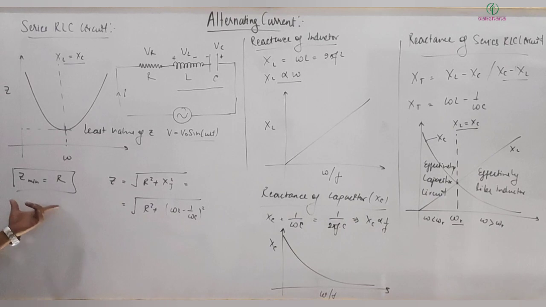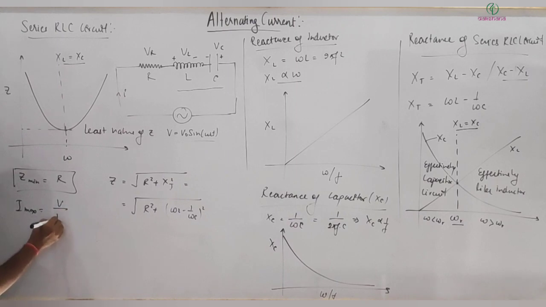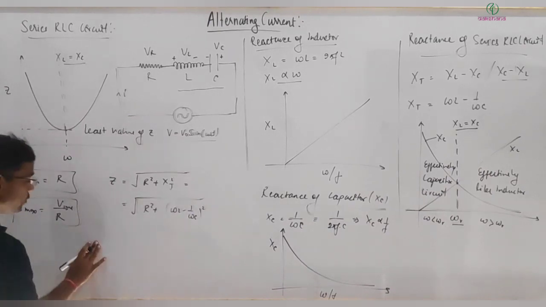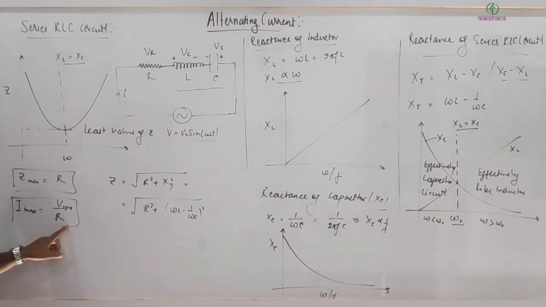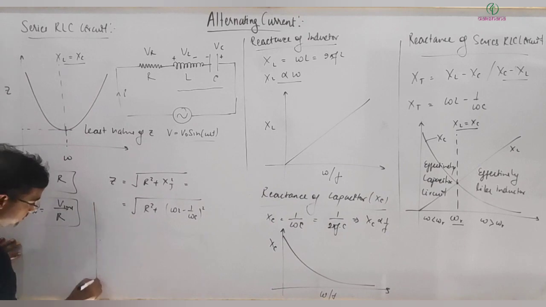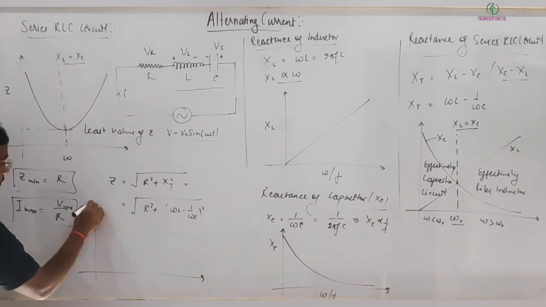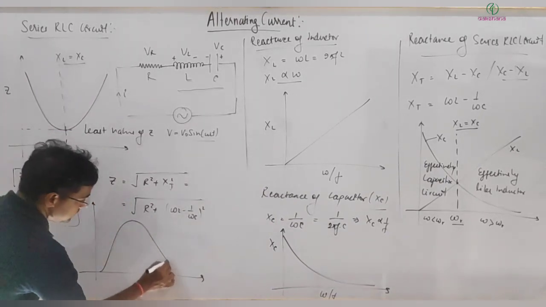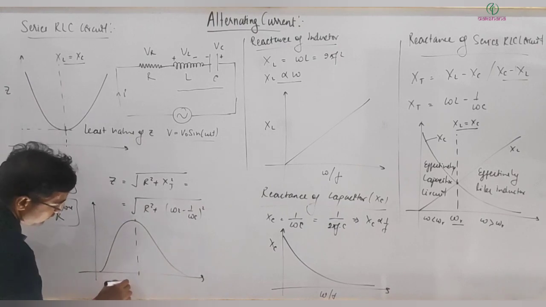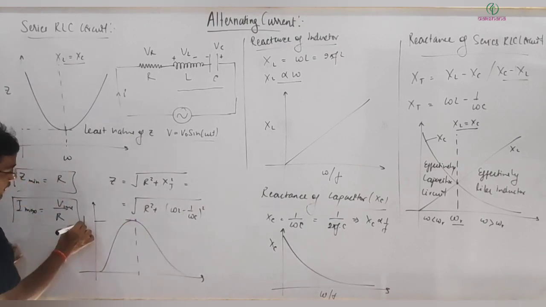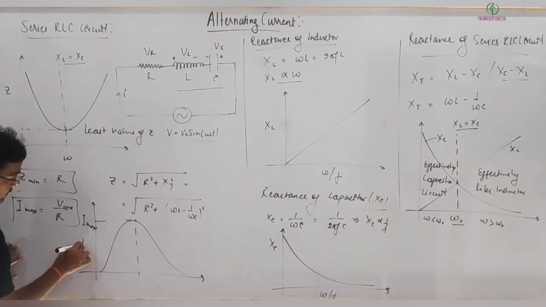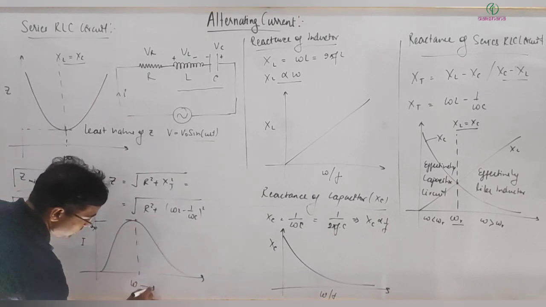And if Z is minimum, I can write I will be maximum, V divided by R. Peak will be also maximum and RMS value. Because I is inversely proportional to Z, I can plot its variation also. It will be something like this. This is I max, I versus omega.